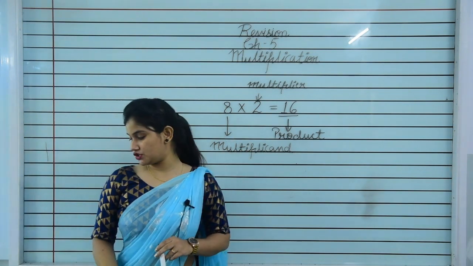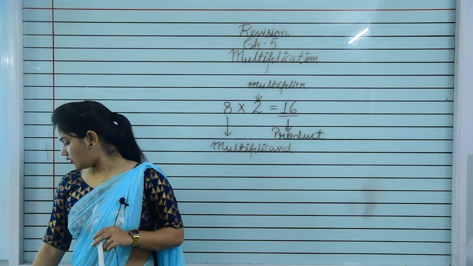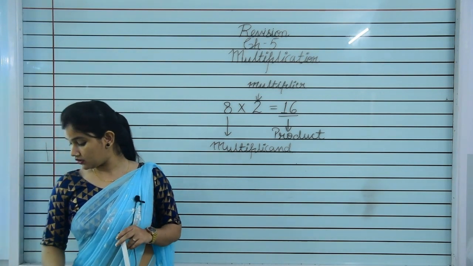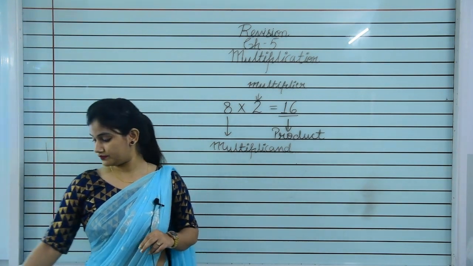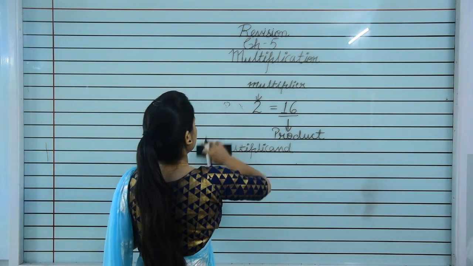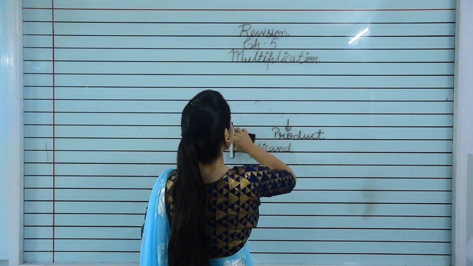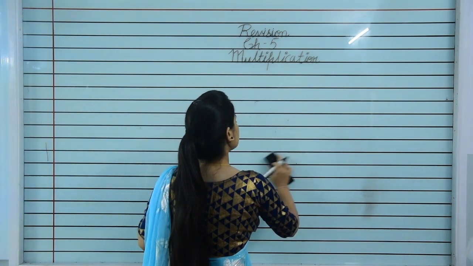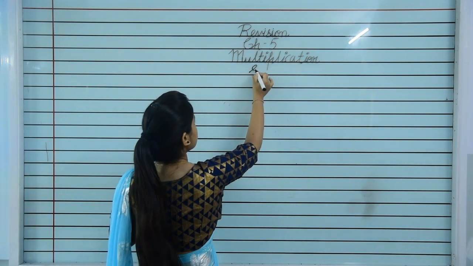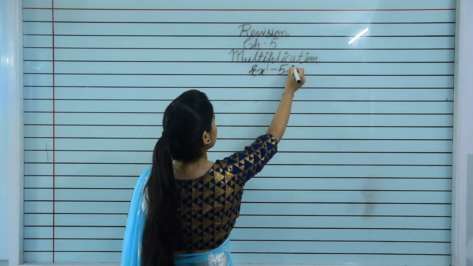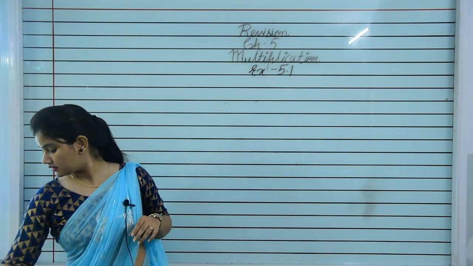Now we see a question of exercise 5.1 on page number 54. Open page number 54. Exercise 5.1, question number 1, filling the blanks.